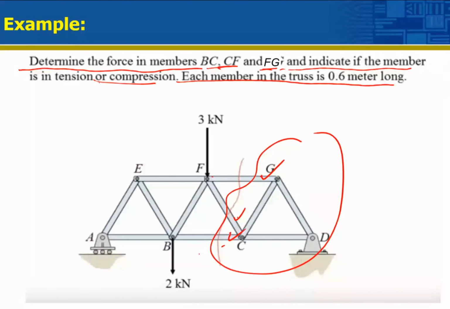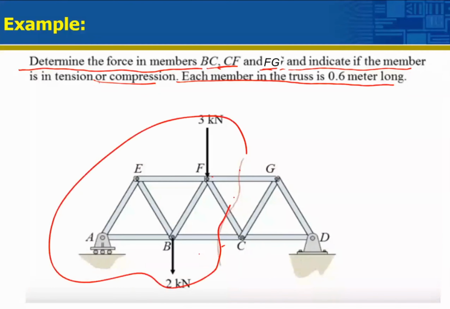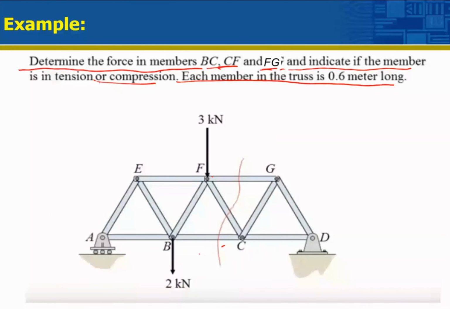If I do the analysis on this one, I've already got my 3 members included in it. But to reach those members here, I have to start my analysis from here and then reach here. Can I do it from here? We don't know. Let us have a look at the solution and everything gets clear. So you've got 2 sections, this and that.